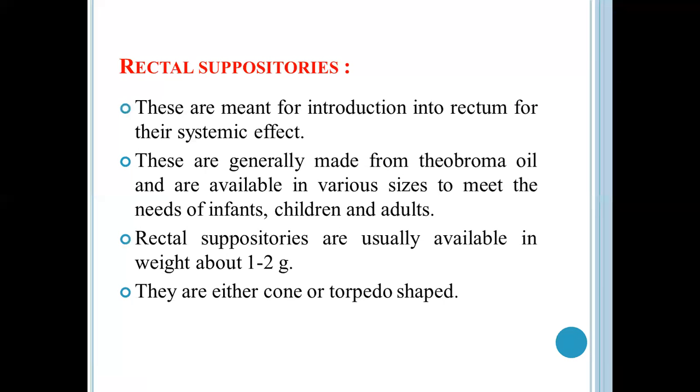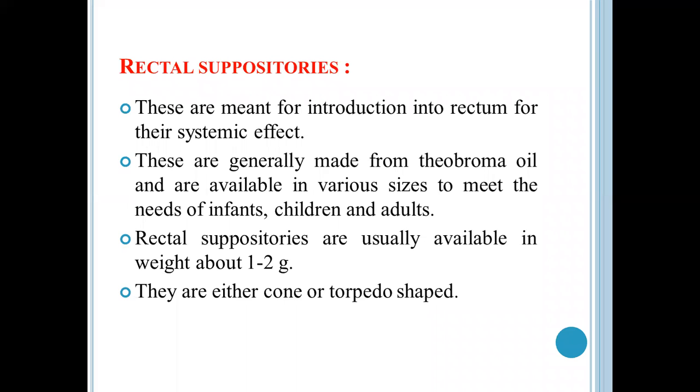First one, rectal suppositories. These are inserted into the rectum, where they show their systemic effect. They are generally made up of theobroma oil and are available in various sizes to meet the needs of infants, children, and adults.